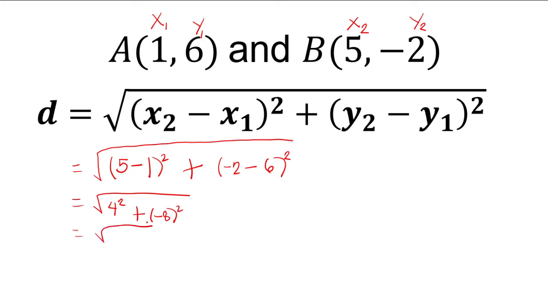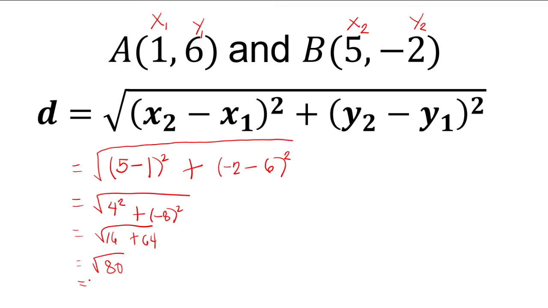So, 4 square is 16 plus negative 8 square, that is negative 8 times negative 8, that is positive 64. Okay? And 64 plus 16 is 80. Square root of 80.